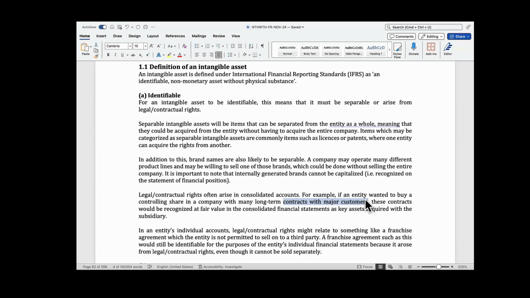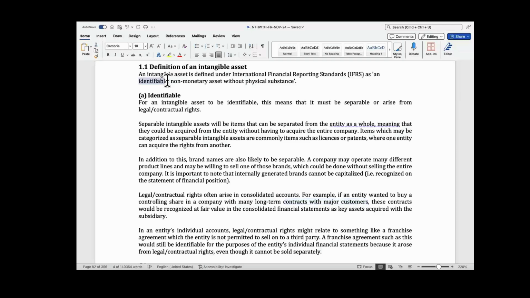I want to acquire a company that has already entered into contracts with key customers. They have a lot of government contracts that they have not done, and I want to acquire them. It is an asset. Though this is just a contract, it is an intangible asset arising from contractual rights. So that is one of the items in this definition of an intangible asset.